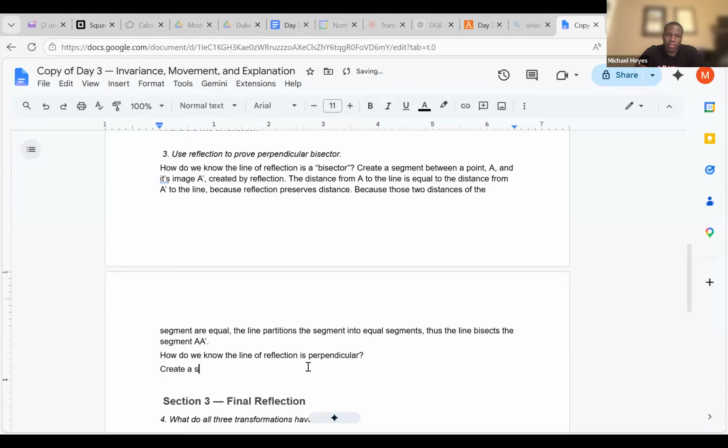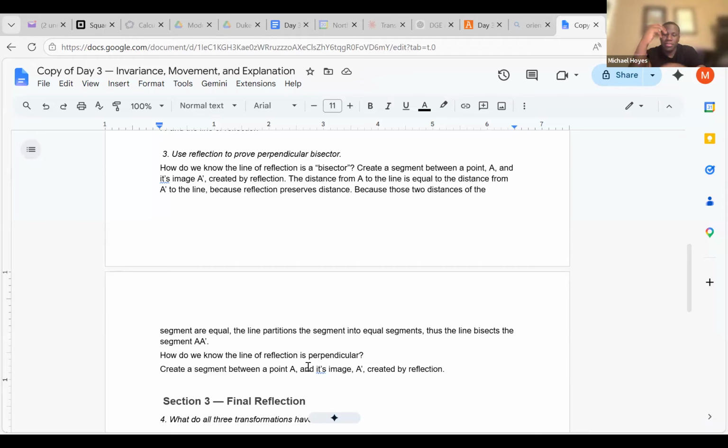So I'm going to start again. I'm going to create a segment between a point A and its image A prime created by reflection. So I have A prime, and the segment between them that was created. A prime was created by reflection, and I've drawn the segment between them.